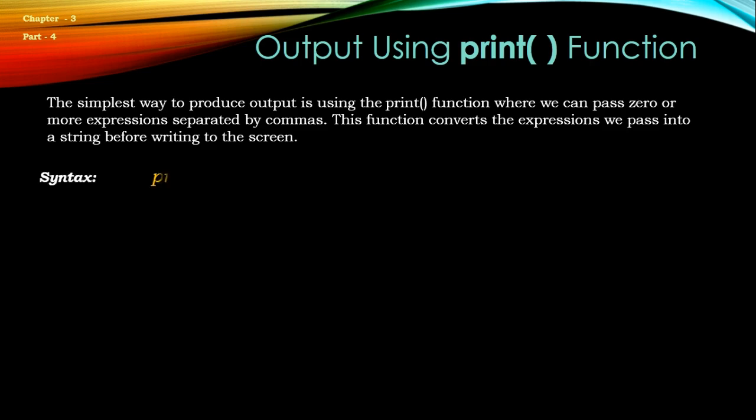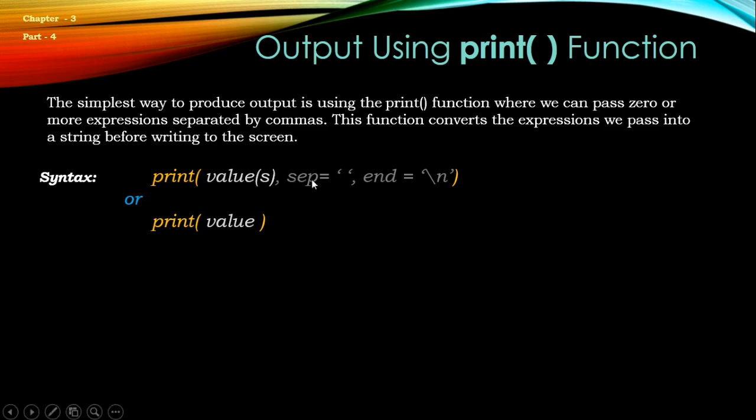The syntax of the print function is print in a bracket values, and there are some other arguments also, that is sep, end, and file arguments. Or if we don't want to use any parameters, then we can simply use print in a bracket value. So we can use it either with the parameters or without the parameters.